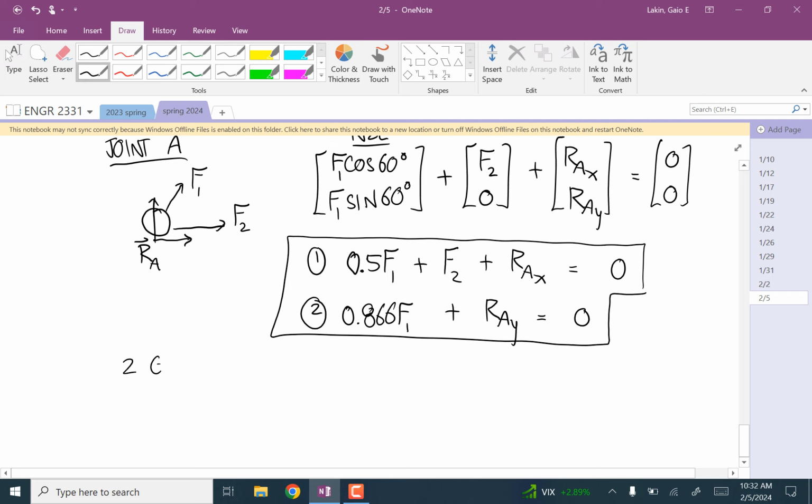That's two equations for four variables, so we can't do anything with that yet. We just have to hang on to these and we'll solve it as a system at the end.